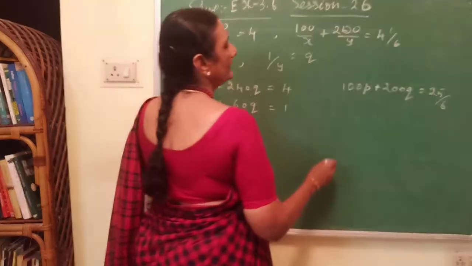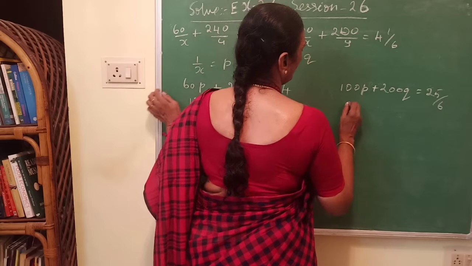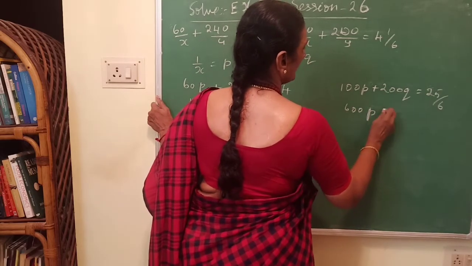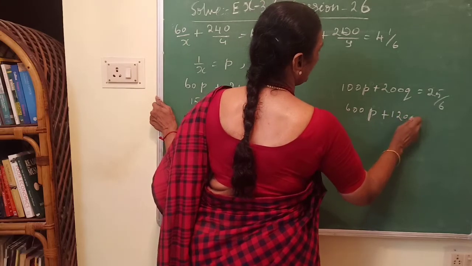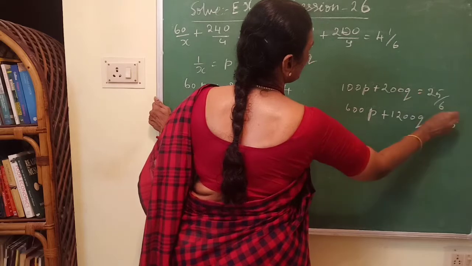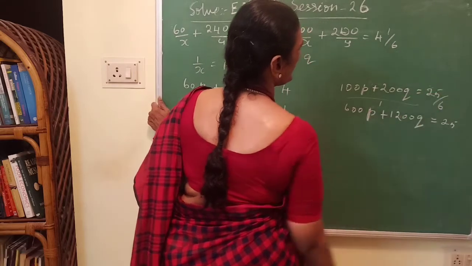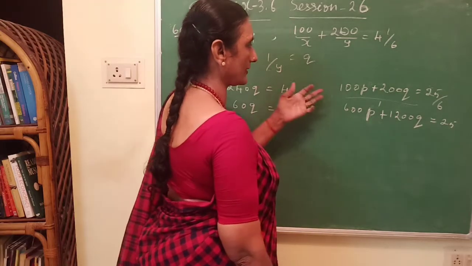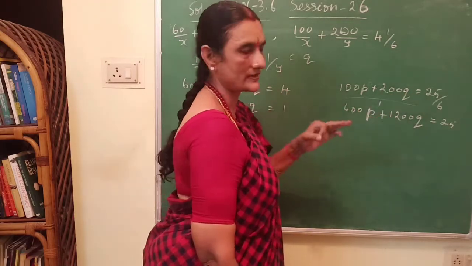And here, if you cross multiply, this becomes what? 600p plus 1200q is equal to 25. Okay, I have just done cross multiplication. So it is like that. 6 into 200, 1200, 6 into 100, 600, and there is 25.